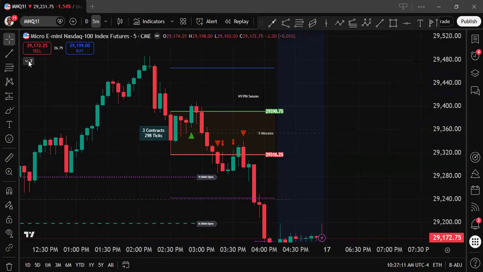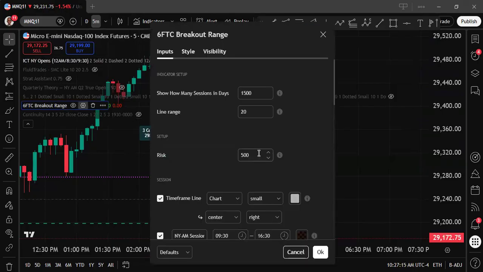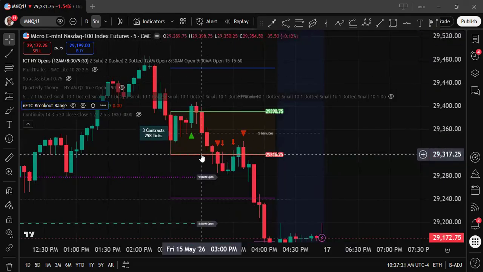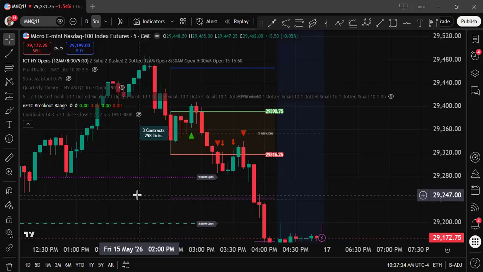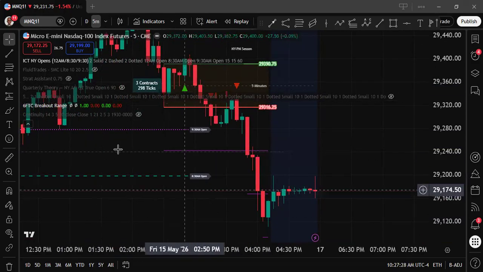I'm going to show you that. If I go here, I'm risking $500. So if I get stopped out, I'll lose $500. However, with these same ticks, you can also take profit. Every purple line is 298 ticks.